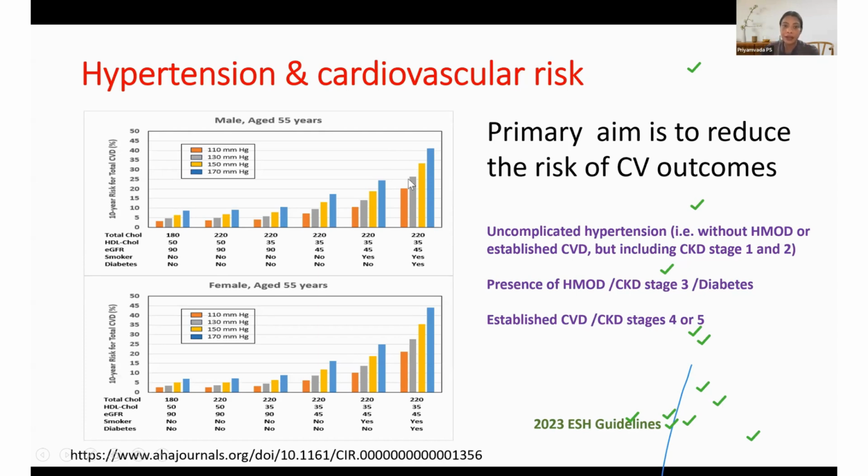The 10-year risk of having a cardiovascular event, even when the blood pressure is at 110 millimeters of mercury, is going to be somewhere around 20%. That is actually a huge risk. So basically, the primary aim of the treatment is to reduce the risk of cardiovascular outcomes.